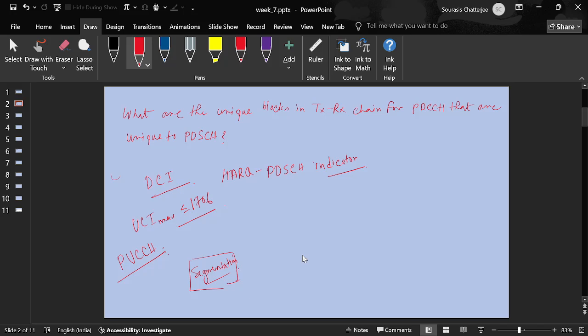Okay, fine. But we have this segmentation thing anyway. Is there anything else required apart from segmentation?